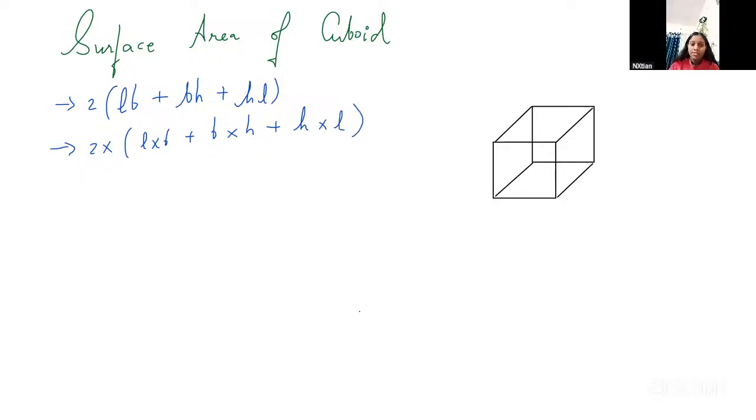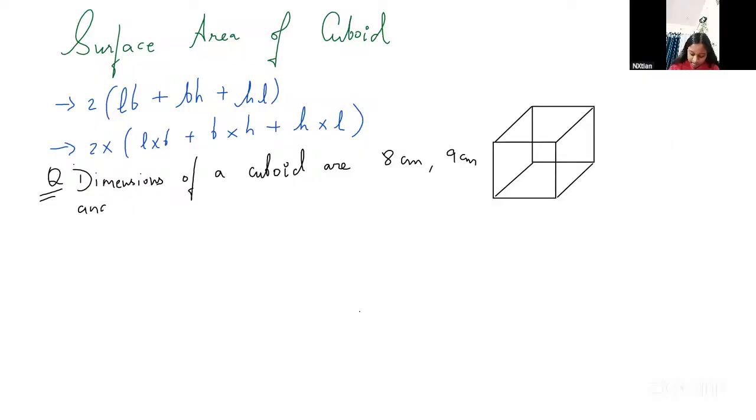If we have a question, dimensions of a cuboid are 8 centimeter, 9 centimeter, and 10 centimeter. Calculate the surface area.